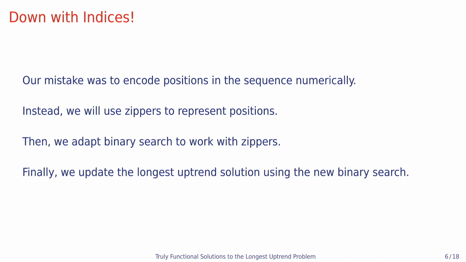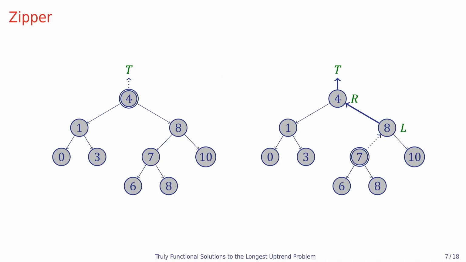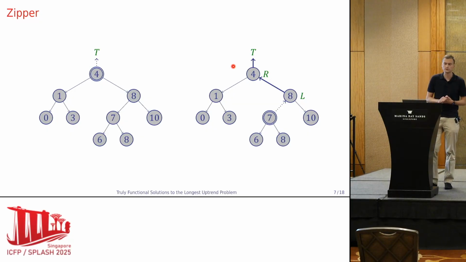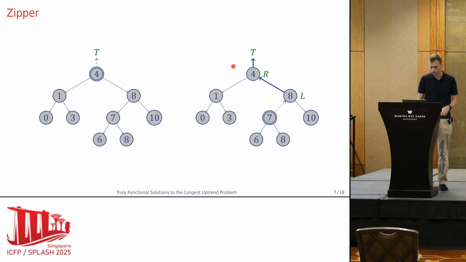Here's a quick refresher on zippers. Zippers are a functional solution for encoding locations. For example, here we focus on the location on the node 4, that's our focus, and a zipper consists of a focus and of a context. In the first case, the context is empty, indicated by the T, and we can move inside the data structure. I forgot to say, we are first using zippers on binary trees, because that's what we are going to use.